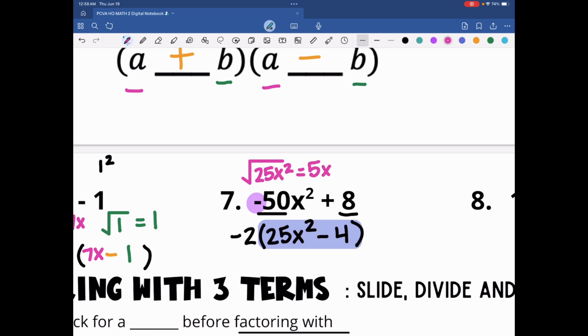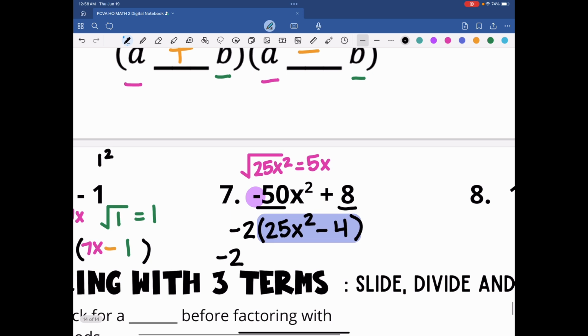So when we write this out, that GCF we took out does not go away. It's still part of the problem, okay? So we're going to do 2 parentheses, and we're going to do 1 plus and 1 minus. So the first one we got was a 5x. That was in the first term spot. So we're going to put 5x and 5x here.